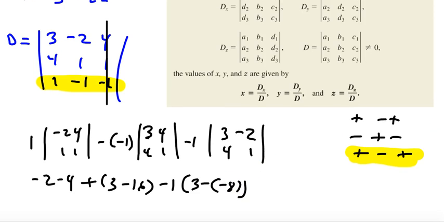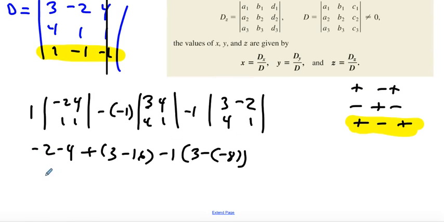If we simplify all this, that's negative 6, negative 13, and negative 11. Combine all that, and I get negative 30.